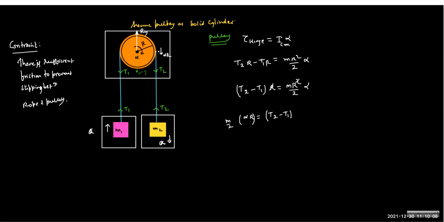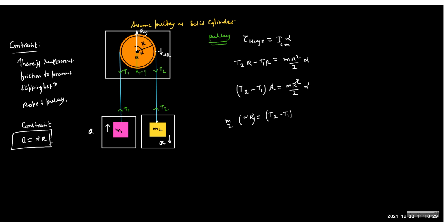So the two ends of the string must have the same acceleration. That is what we know from constraints. So if this point will go down with alpha R, every point below will go with the same acceleration. So the block will go with the same acceleration. So the constraint relation is A equals alpha R. This is your constraint.